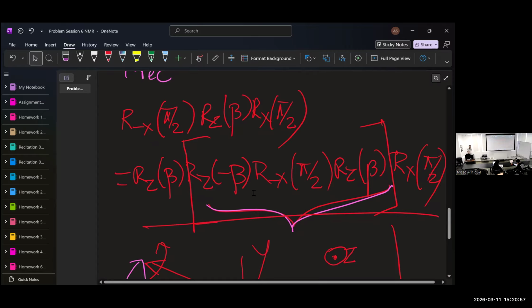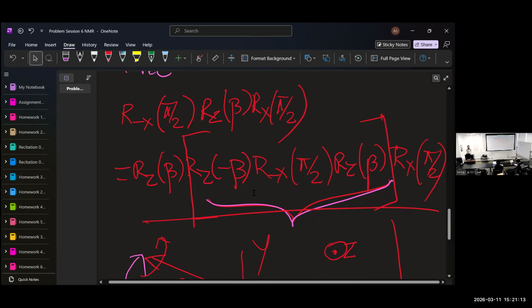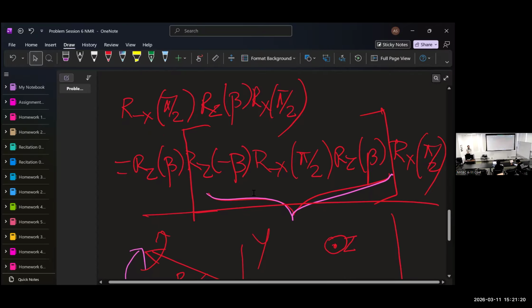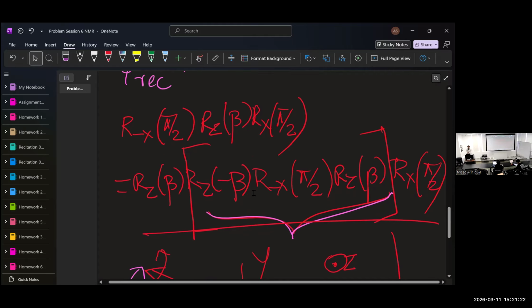And we rotate around minus x. And then we go back. So it's a pi over 2 pulse oriented at the angle beta relative to the minus x axis. But that means it's 180 minus beta, measured from the plus x axis, is the phase of the pulse described by that sandwich.